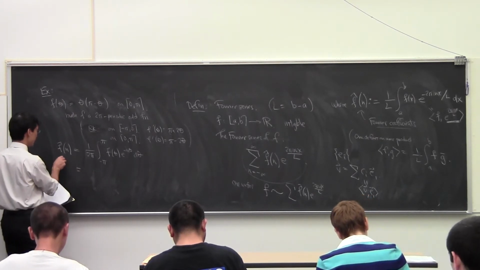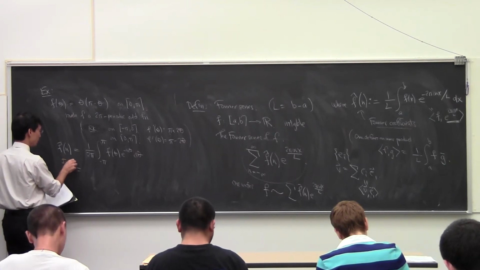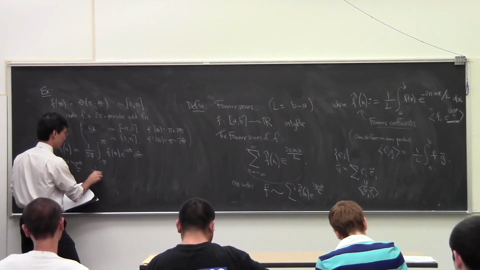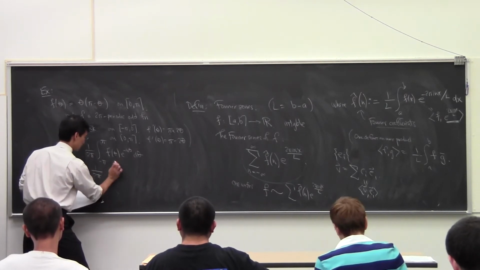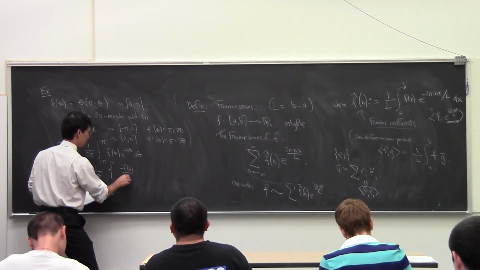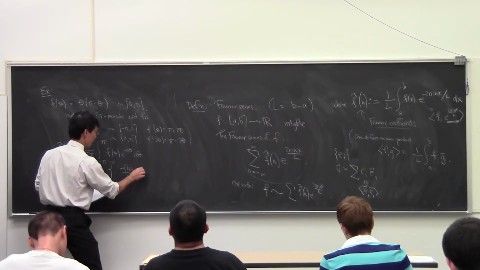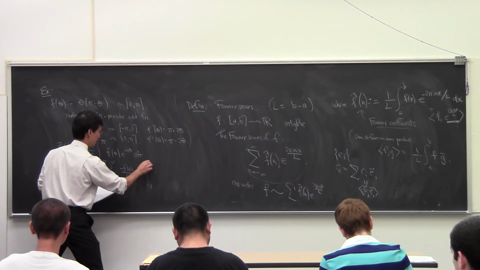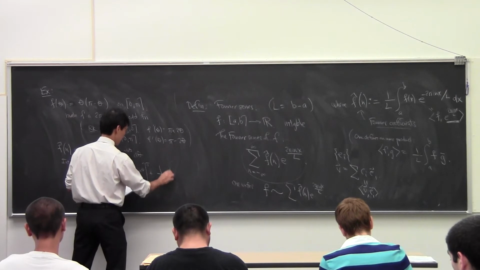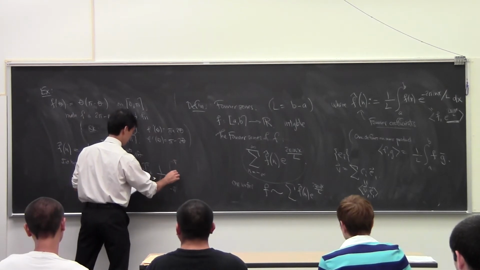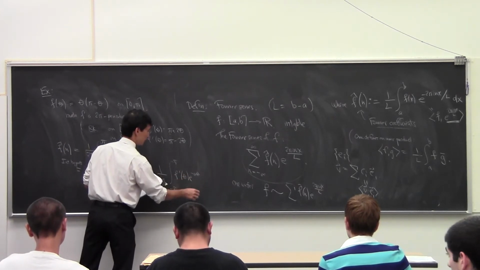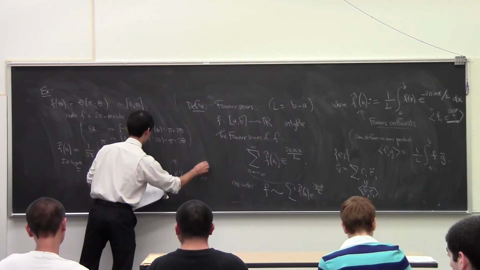So integration by parts, you get 1 over 2 pi times negative f theta over i n e to the negative i n theta between negative pi and pi, plus 1 over i n integral from negative pi to pi of f prime e to the negative i n theta d theta.